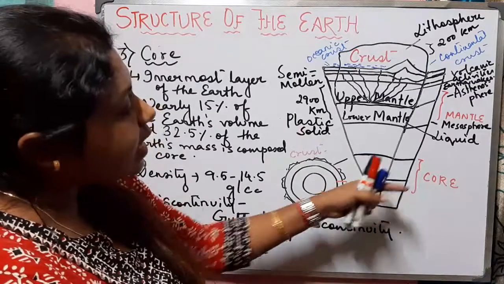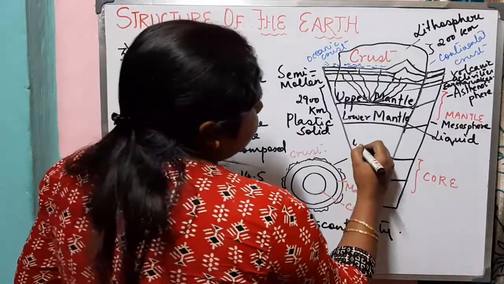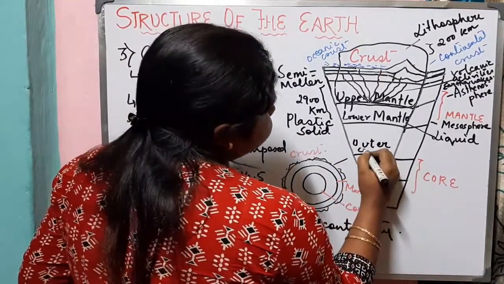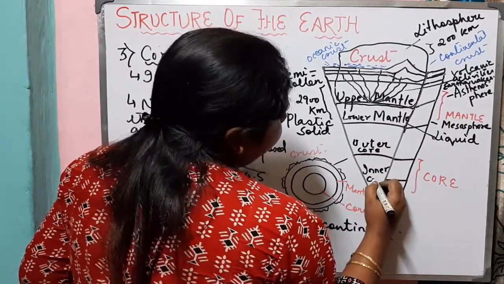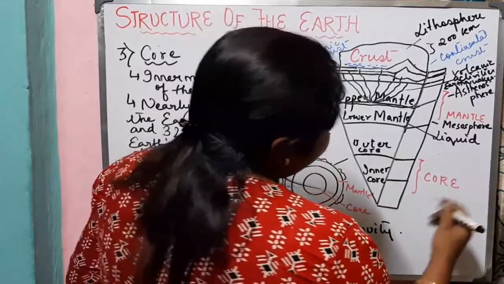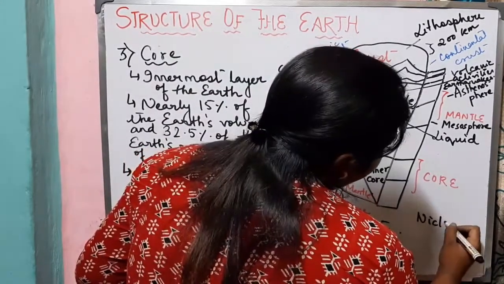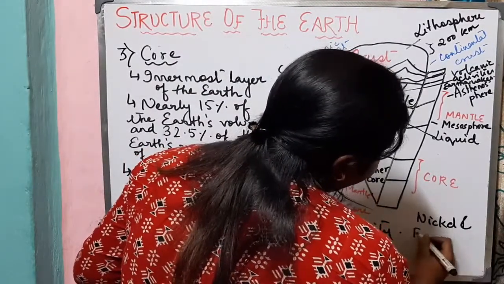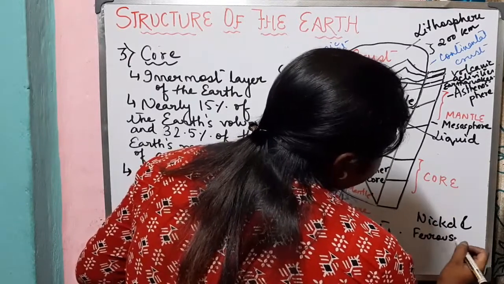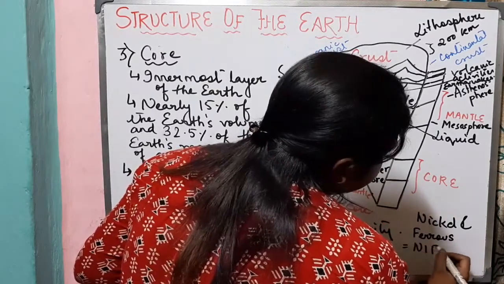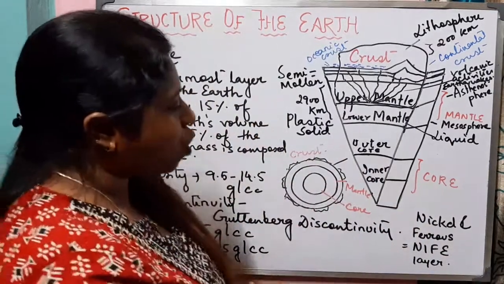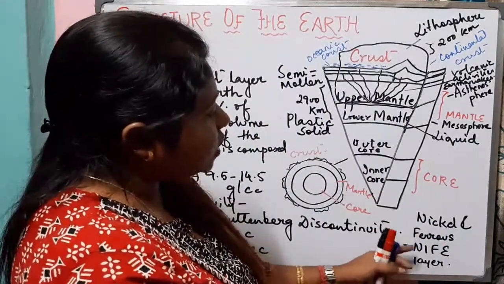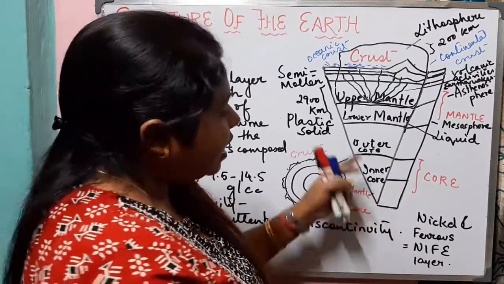Now the core is again divided into the outer core and the inner core. The core is mainly composed of nickel and ferrous, and that is why we call it the NiFe layer. As it is mainly composed of nickel and ferrous, it is called the NiFe layer.